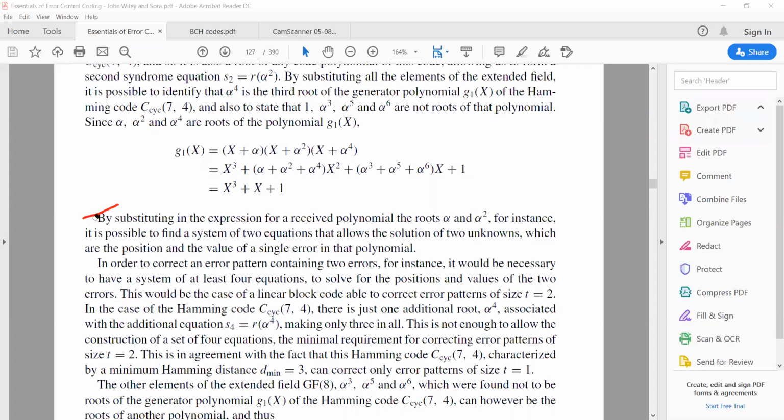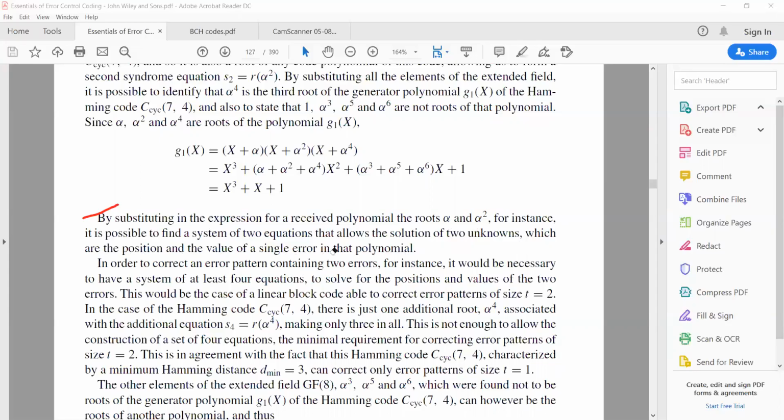So at the receiver we have already received a polynomial equation where we are replacing alpha and alpha square. The two unknowns are the position and value of the single error in that polynomial.